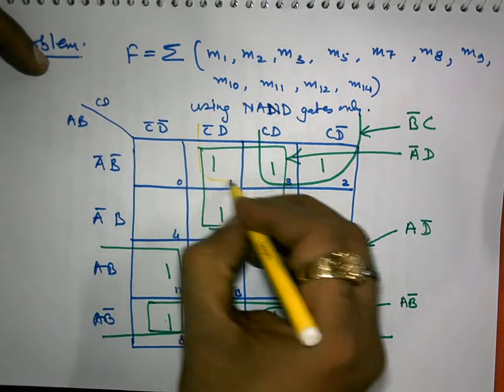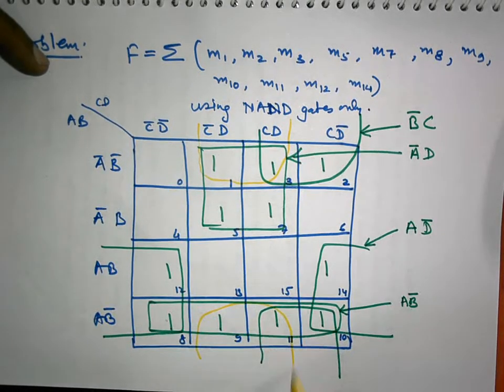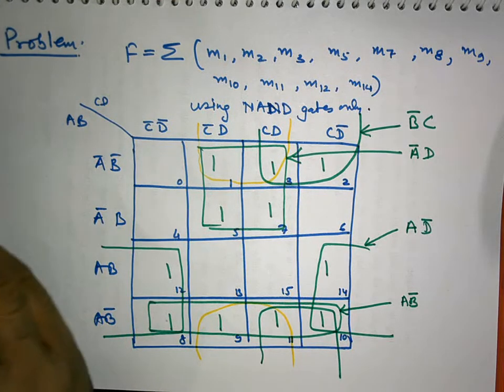Suppose if somebody encircles this with this, that I am marking with yellow color pen, it is a non-essential prime implicant. Okay, this is non-essential. Why? Because it does not incorporate any fresh one.